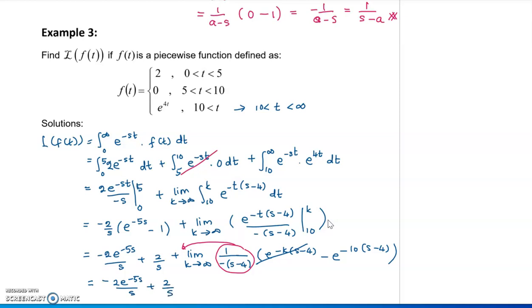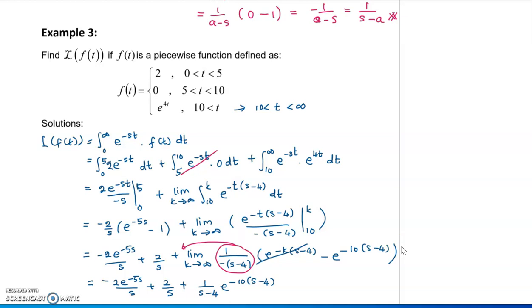And then we have the fraction here, and this is 0 and this is negative. Since this is negative, multiplied with the negative here, we have positive. So plus 1 over (s-4) times e^(-10(s-4)).